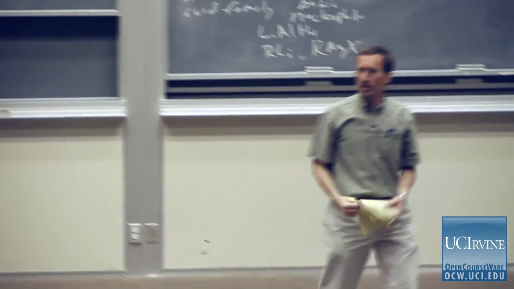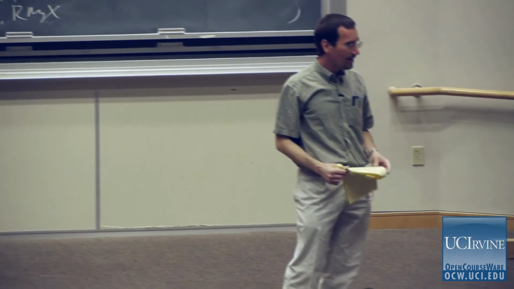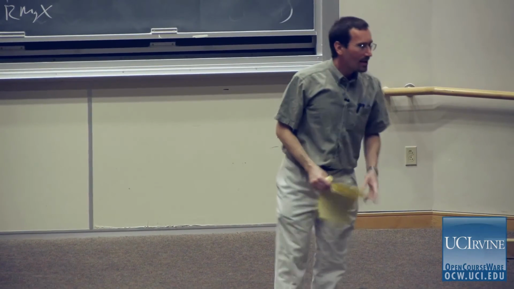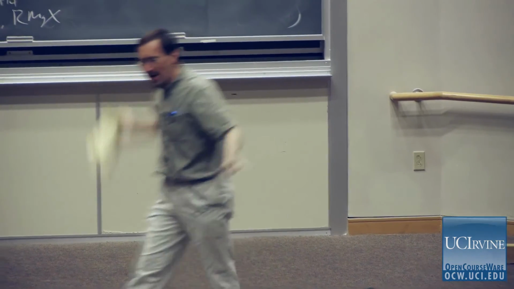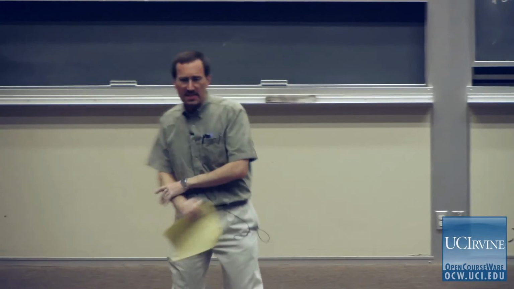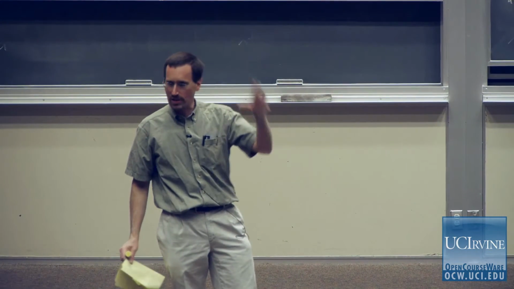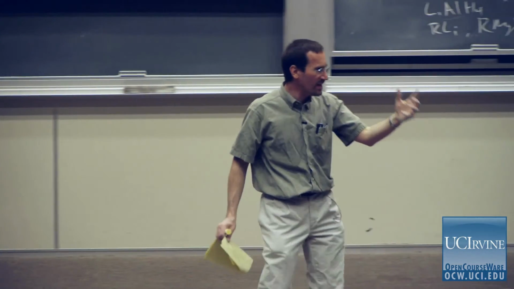And one more question. What does it mean by leaving group has less than 5 pKa? Great question. What do you mean by a leaving group has less than 5 pKa? In an SN2 displacement reaction, chloride, bromide, iodide are wonderful leaving groups.